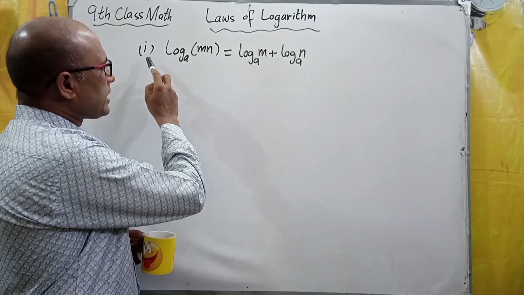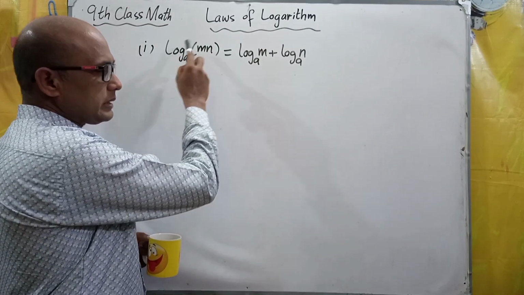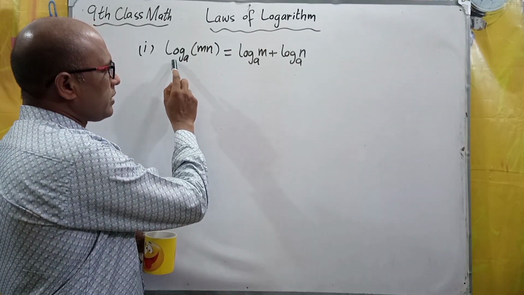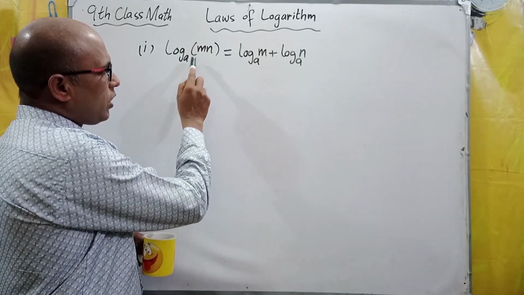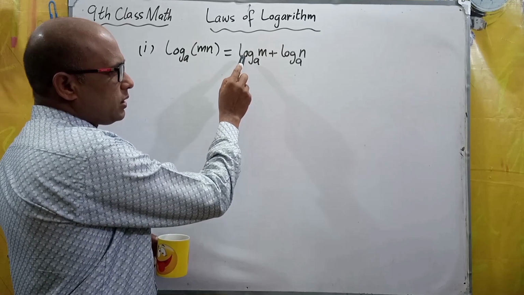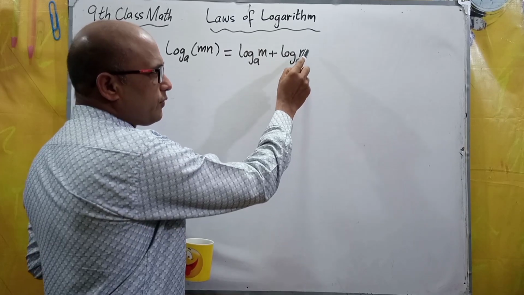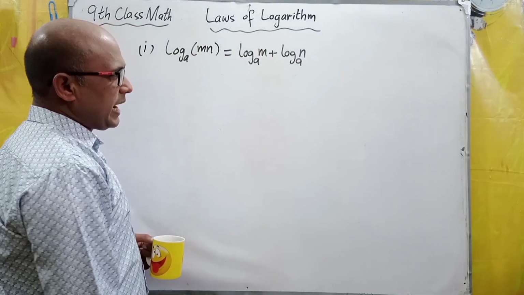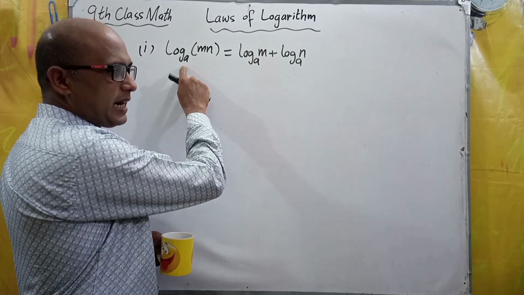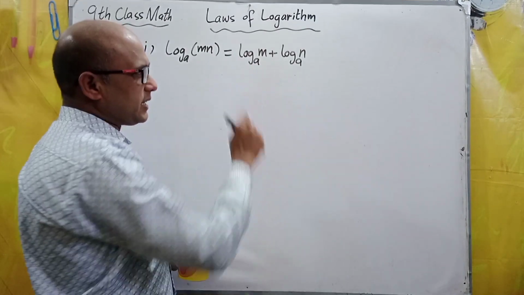Students, in the first law of logarithm, the statement of the law is log a of m into n is equal to log a of m plus log a of n. So we have to prove that the left hand side is equal to the right hand side.